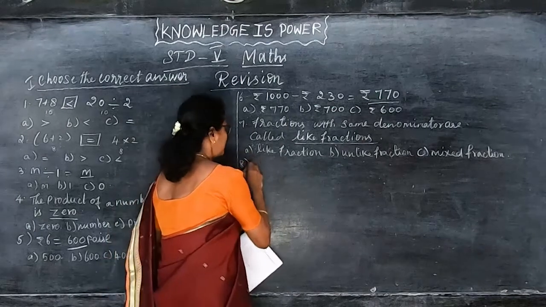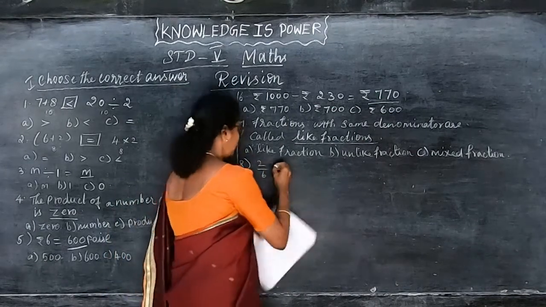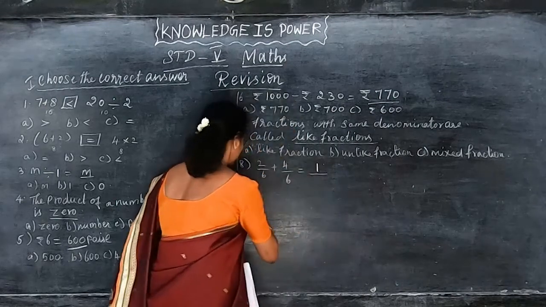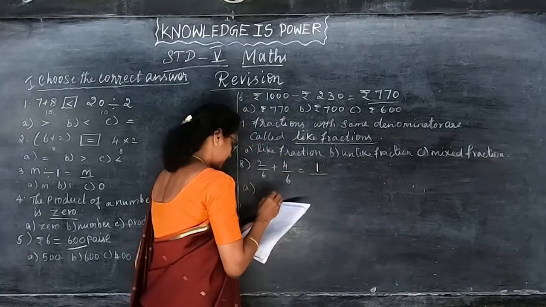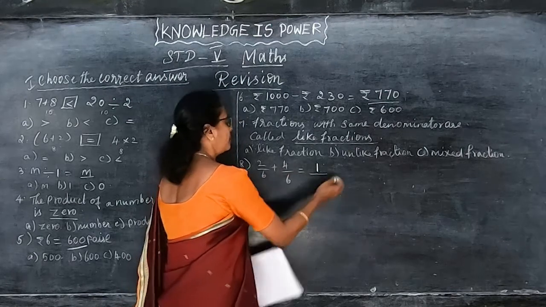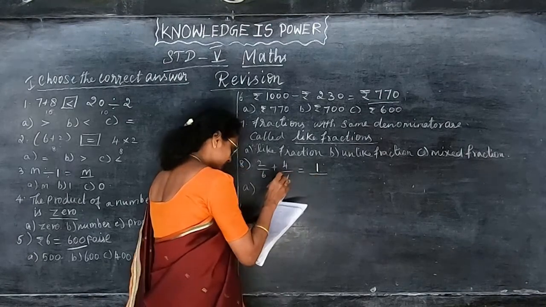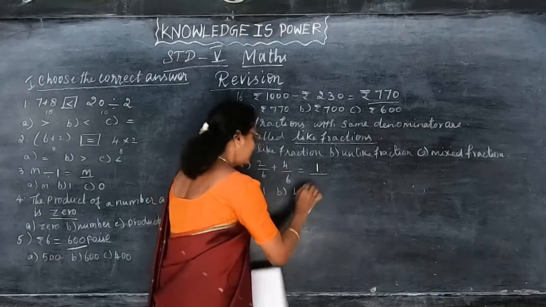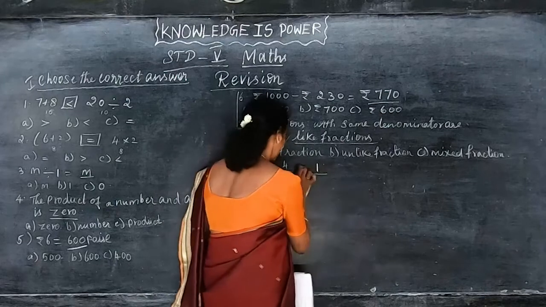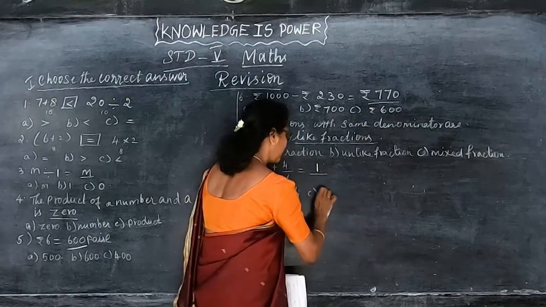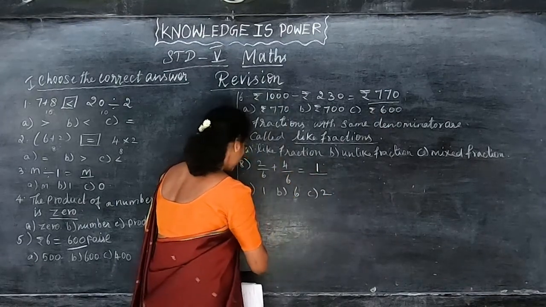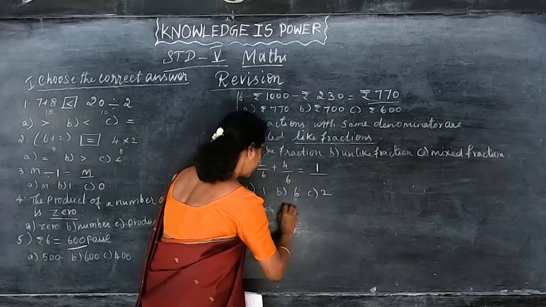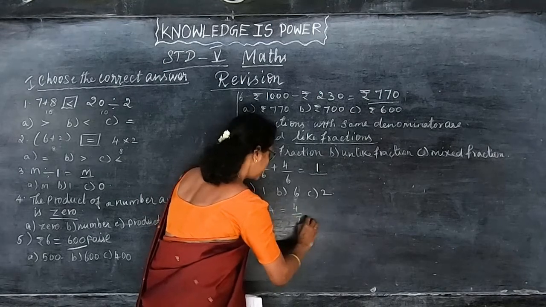Let's see, eighth one is 2 by 6 plus 4 by 6 is equal to 1. So 2 plus 4 is 6, 6 by 6 is equal to 1 only. You should not write 6 by 6; whole numbers you have to write like this only, not in fraction form. Ninth one, 1 by 7 into 4 is equal to 4 by 7, that is the answer.